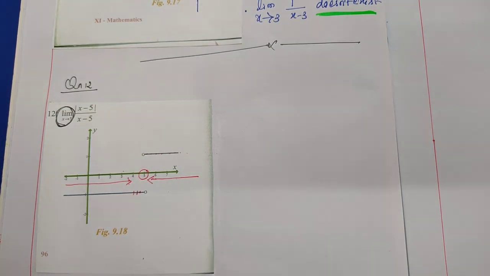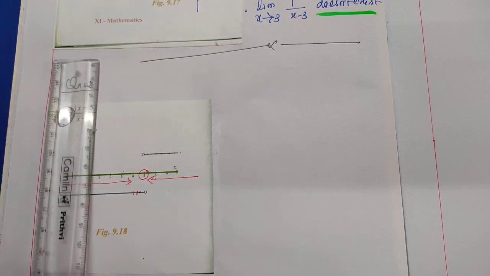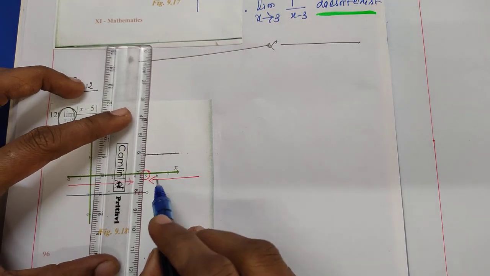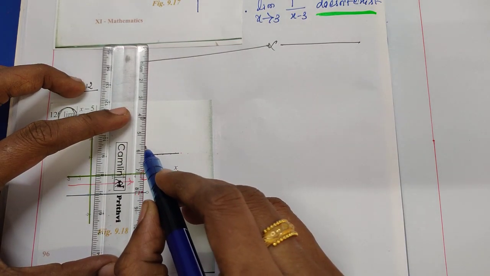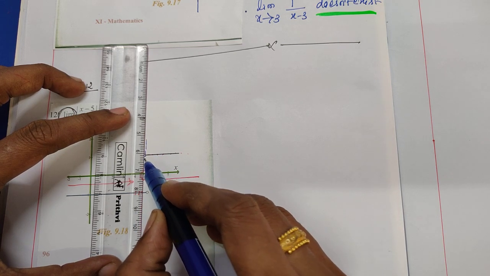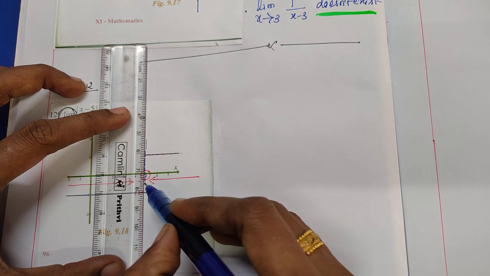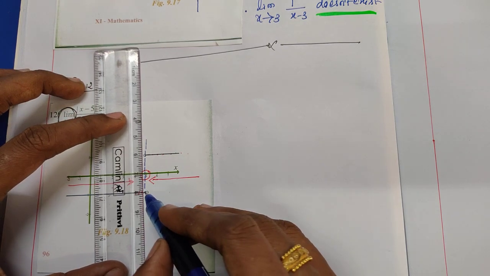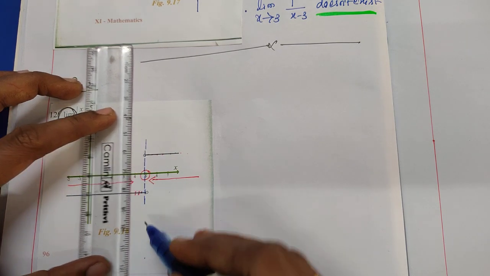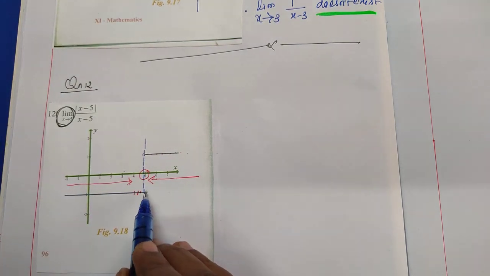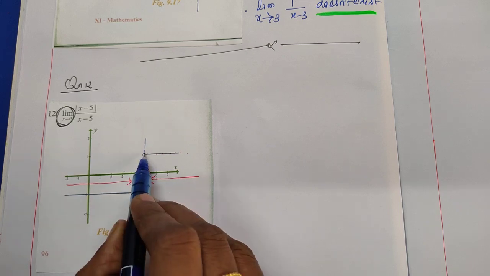Therefore, through 5, we can draw a vertical line. The vertical line doesn't meet a curve.